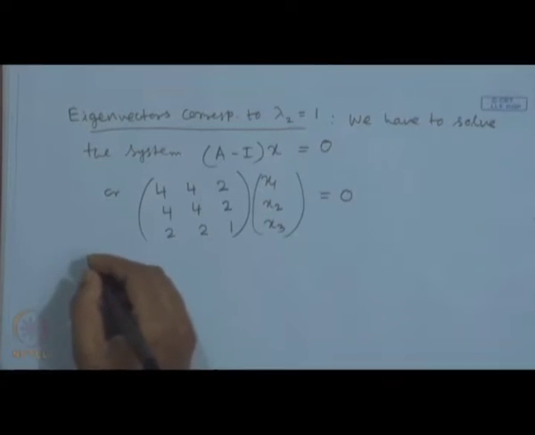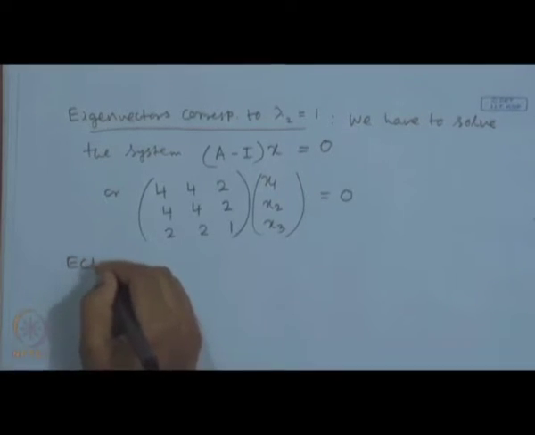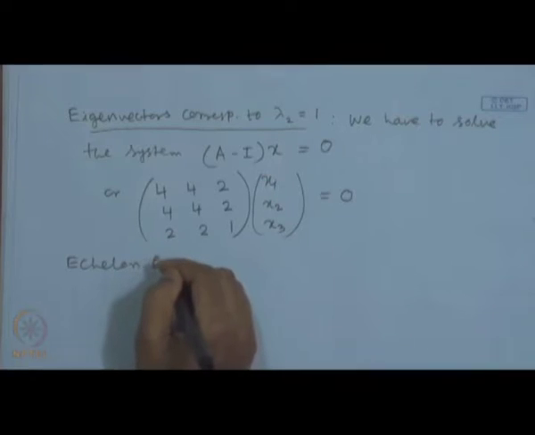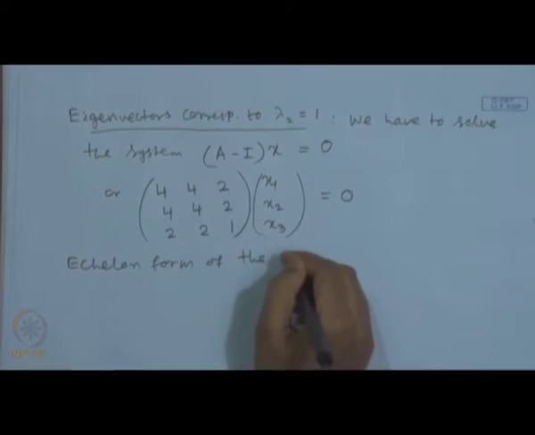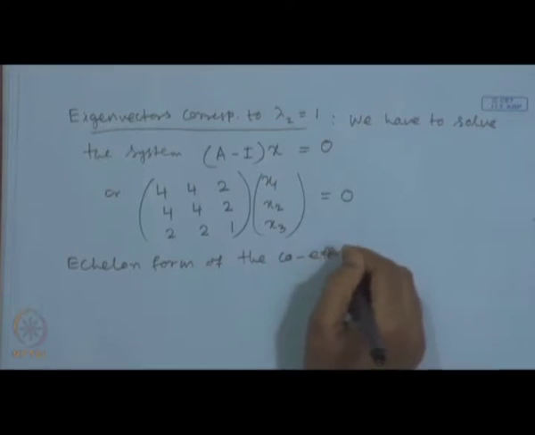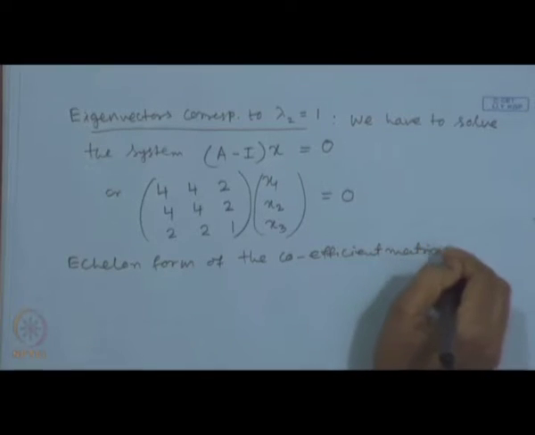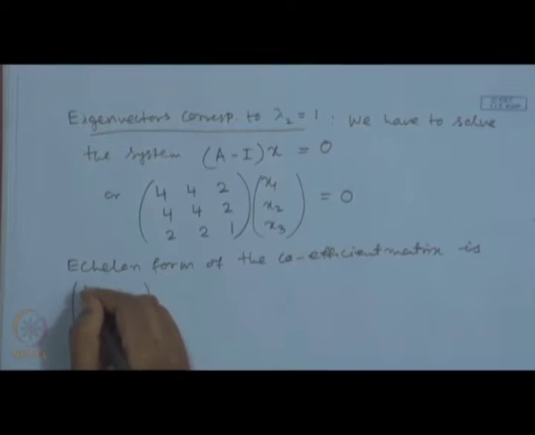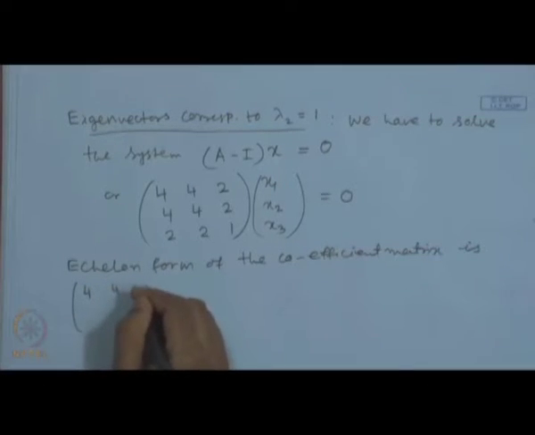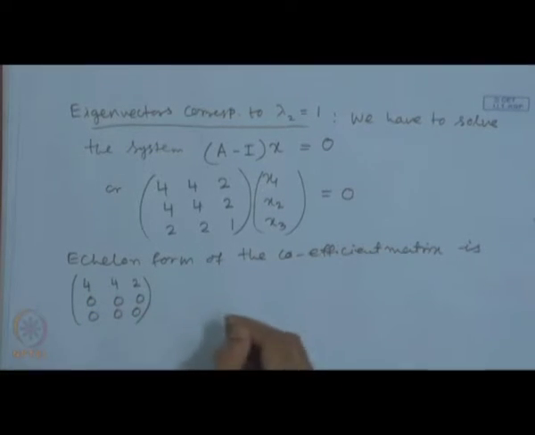Again we get the echelon form of the coefficient matrix like this. The echelon form of the coefficient matrix is given by [4, 4, 2; 0, 0, 0; 0, 0, 0].